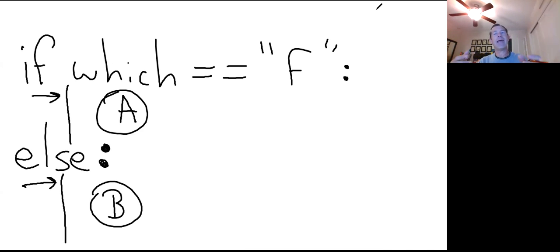And so I have two different calculations, A or B, and I have two different pieces of output, A or B, right? And what differs in my output is basically the literal text that I'm using.